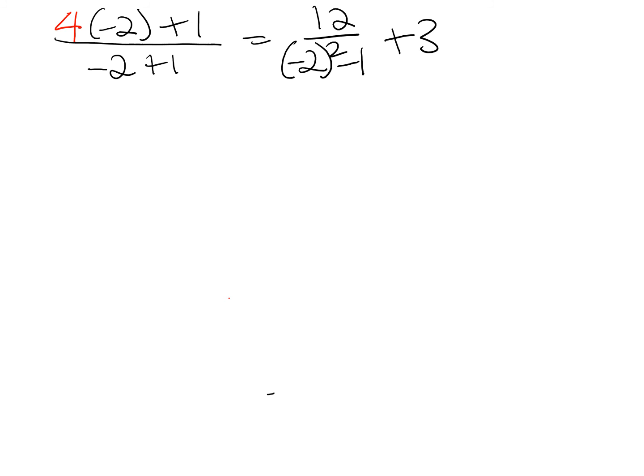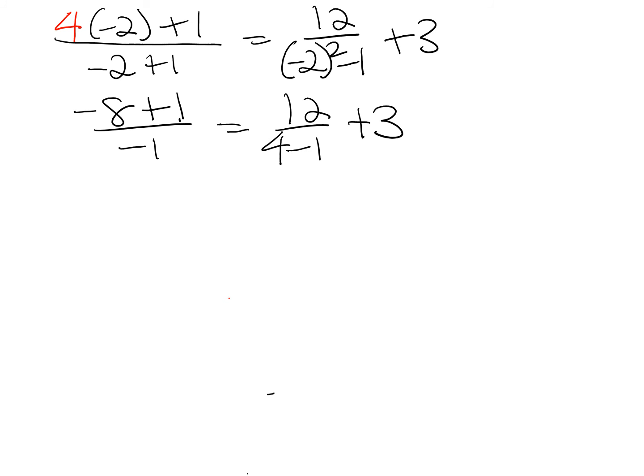Okay, so 4 times -2 is -8 plus 1 over -2 plus 1 is -1. That'd be over 12 over 4 minus 1 plus 3. -8 plus 1 is -7 over -1. So that'll end up being a +7.